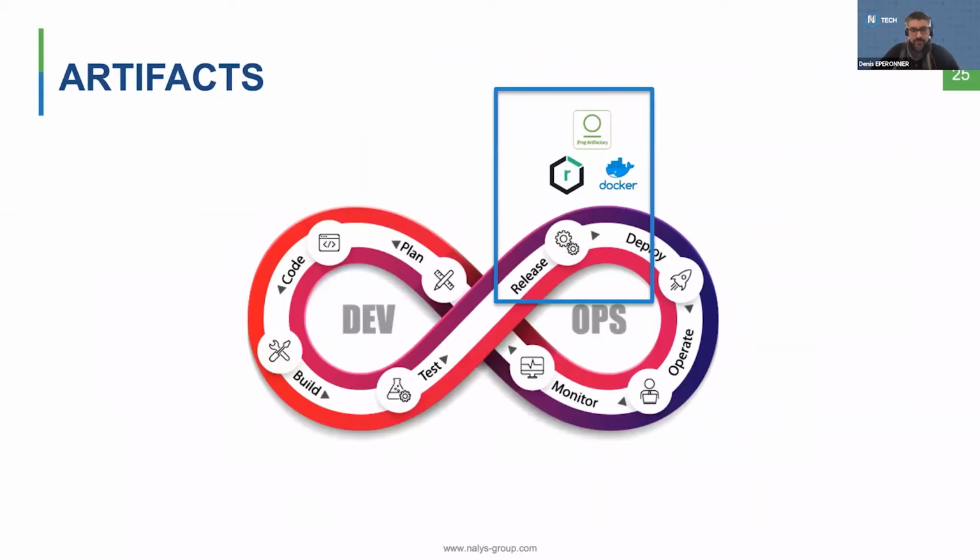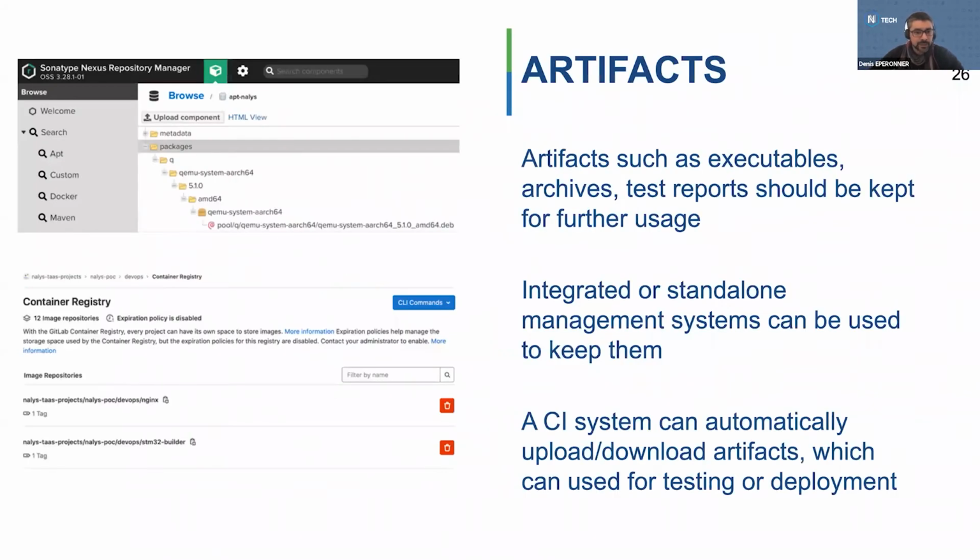Another topic for the first part of the concepts is the artifacts. Artifacts can be a lot of things. They can be executables, archives, test reports, libraries, packages, etc. When working with CI systems, you want to store and manage those artifacts to be able to reuse them at specific moments.